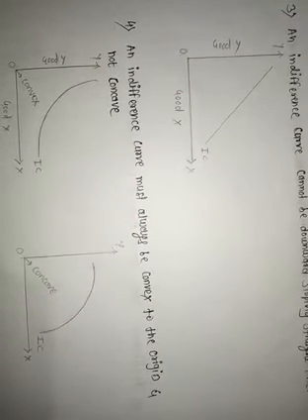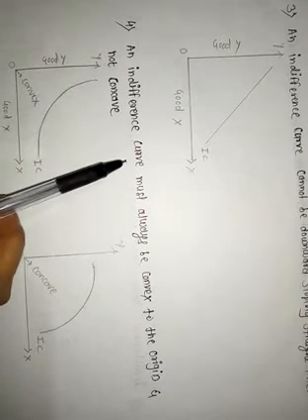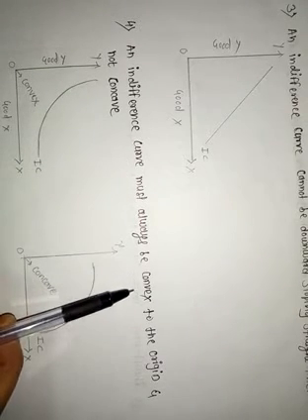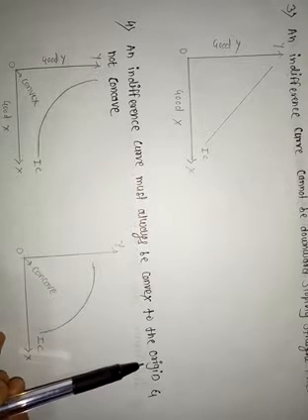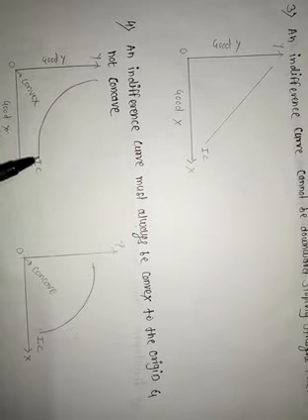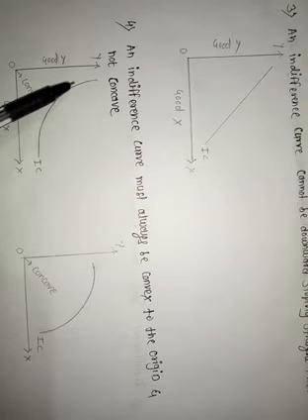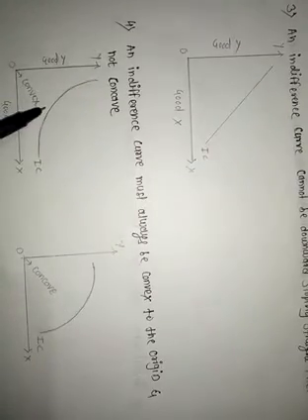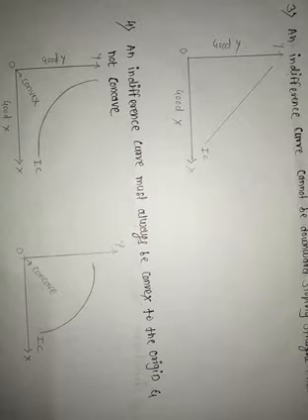Then next one, an indifference curve must always be convex to the origin and not concave. If it is concave, then the marginal rate of substitution will be increasing, and this is unrealistic, means this is not workable.